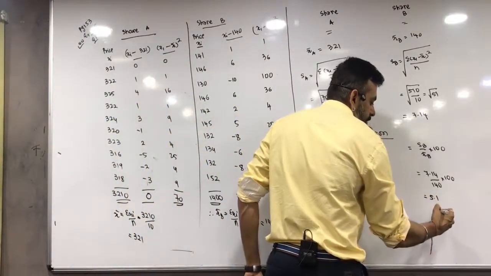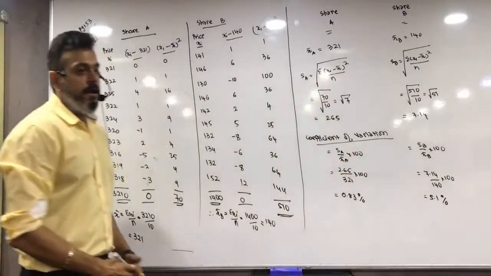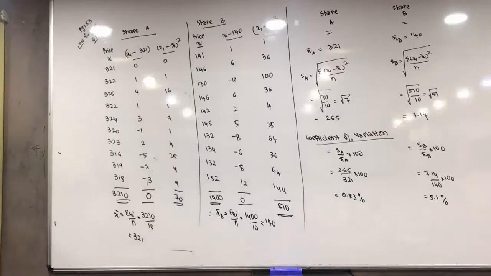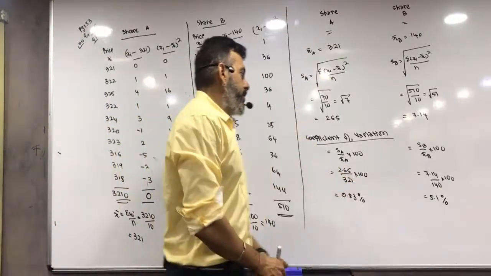5.1%. Now what is asked in the question? Who has more relative variation in the price? किसका variation ज़्यादा है? B का लिखो.